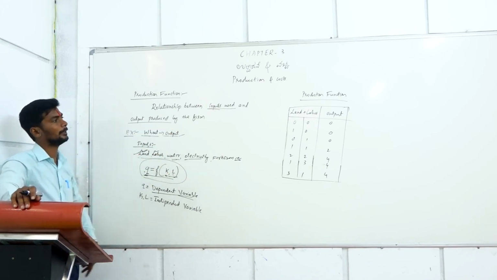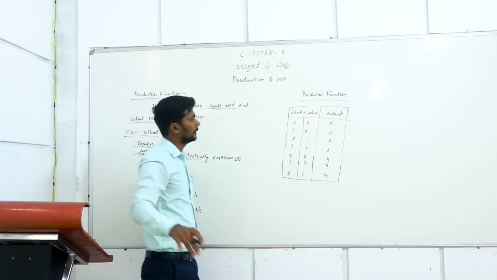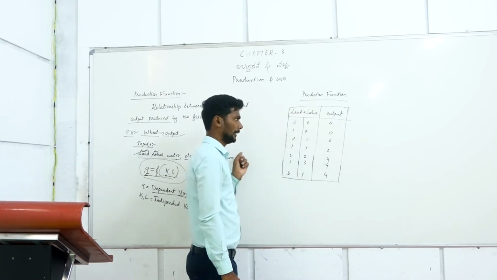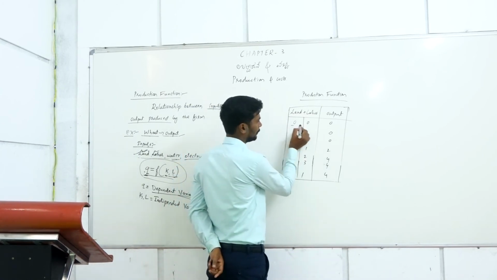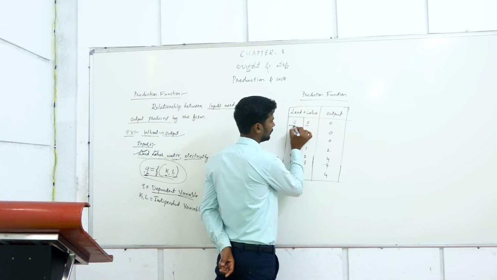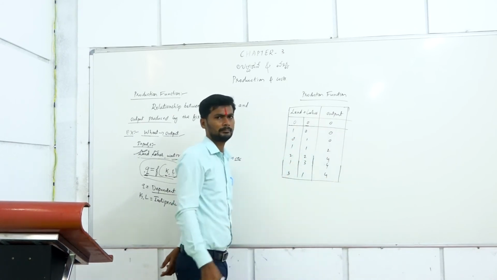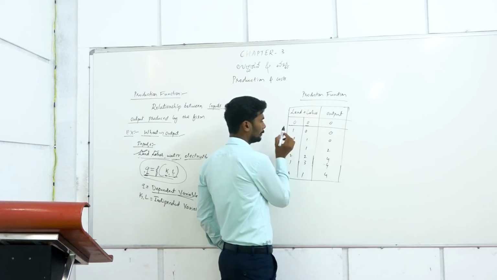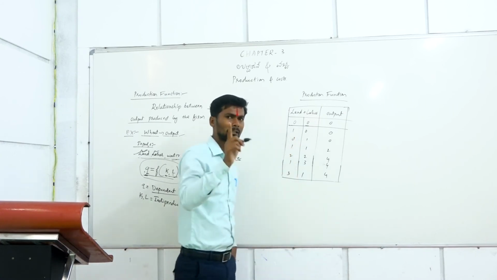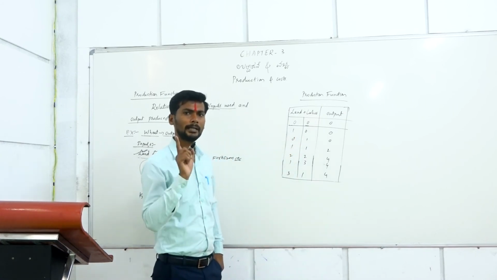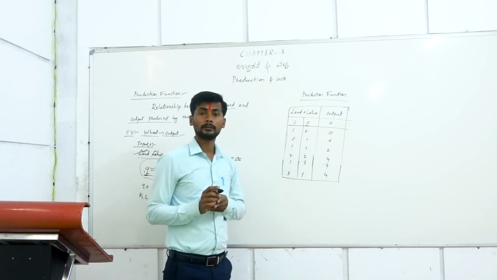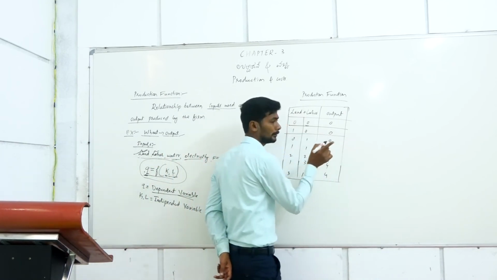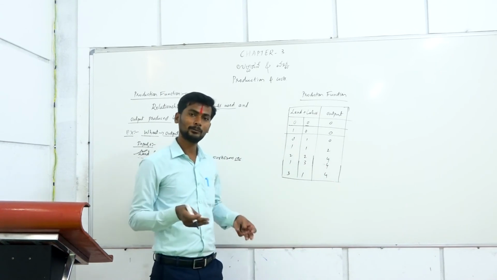So I can see a table right here. In order to produce wheat, if land is 0 and labor is 0, the production will be 0. There will be no production. If there is no labor and 1 acre of land is there, then production must be 0, because there is no one to work in the field.